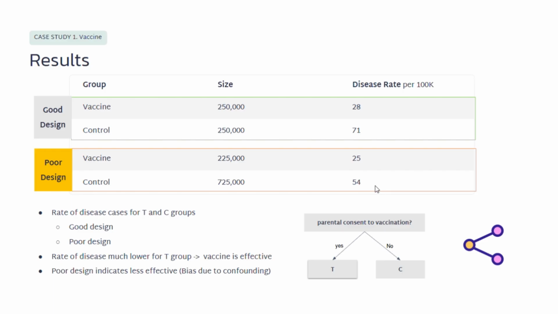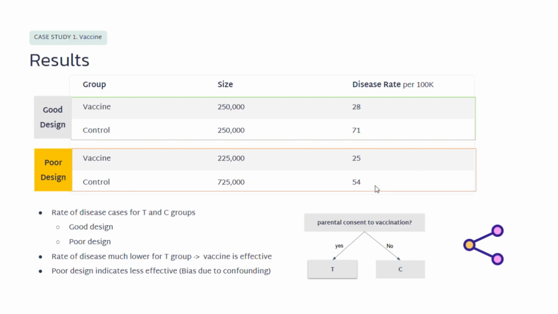It's still showing some positive effect, but it's less prominent. And the reason, as we saw, is that in a poor control design, we have bias, and the main source of the bias was the mixing up of the effect from the family. Family background mixes with the vaccine effect, and the control group in the poorly designed experiment was not comparable to the treatment group.